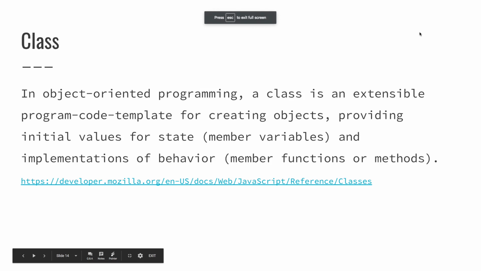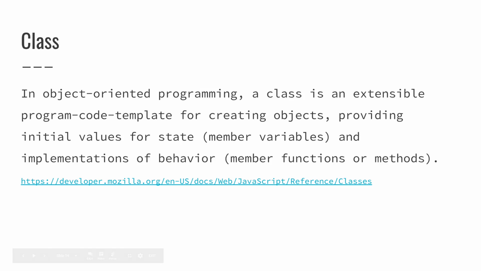Okay, so now we go to the class. The class is the first keyword that we're going to use to actually create a new data structure. So in OOP, a class is an extensible, this is the definition, and you can read more on the link underneath. In object-oriented programming, a class is an extensible program code template for creating objects. This is pretty much what it is.